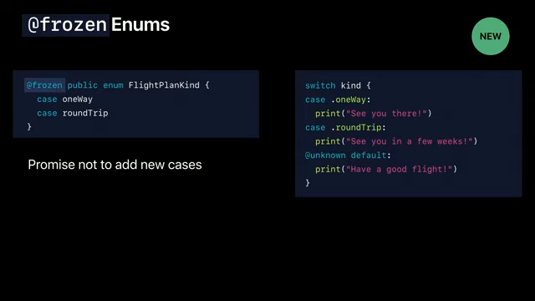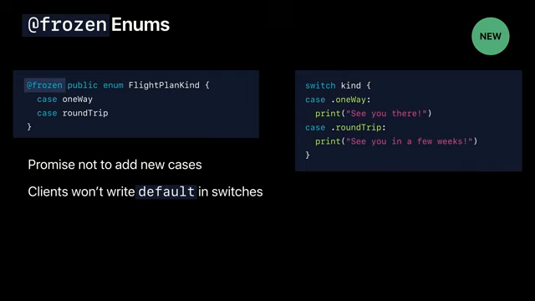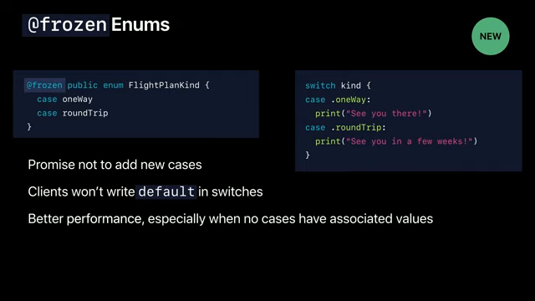The first effect of this is that clients no longer have to write that default case. It can just go away. And next, the compiler is able to compile it more efficiently. The clients are able to assume that this enum won't have any additional cases and won't require any cleanup.